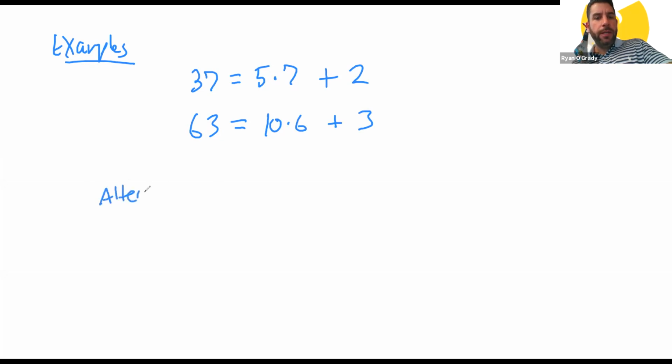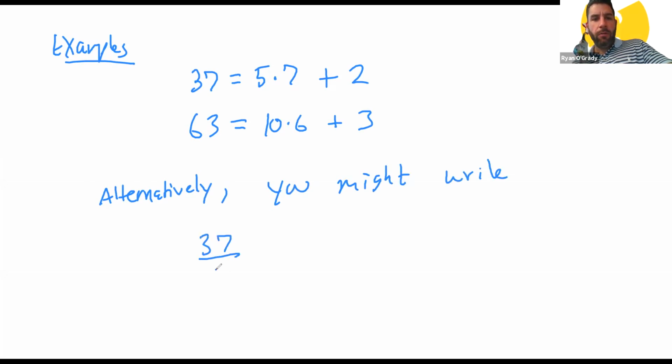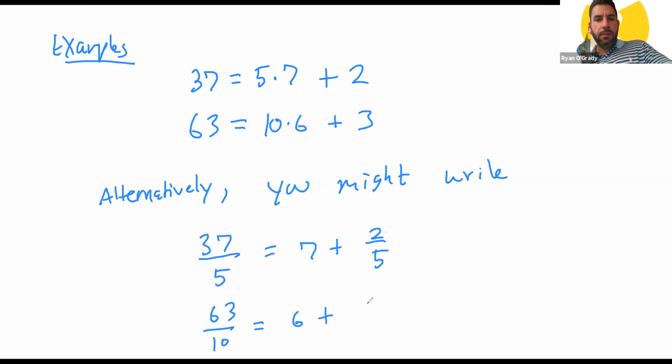Alternatively, how could you write this? Another way to think about this is you might say, for example, 37 over 5 is 7 plus 2/5, or 63 over 10 is 6 plus 3 over 10.